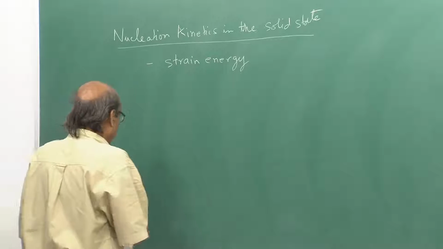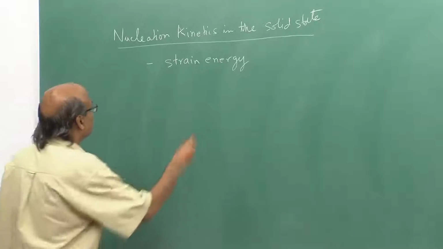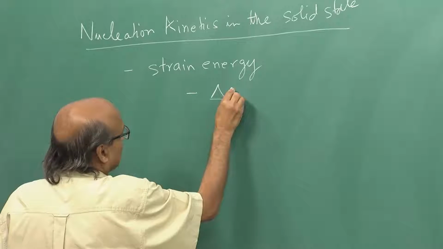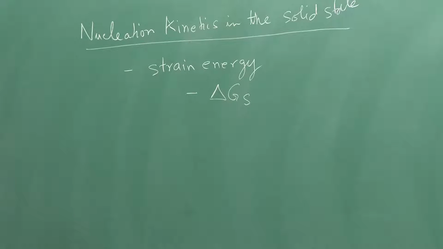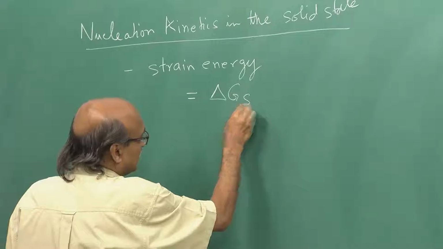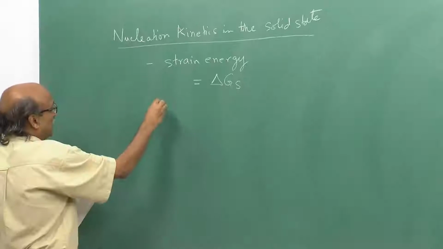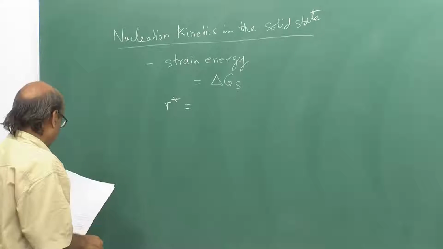This strain energy, as has already been discussed in earlier lectures, would be associated with a positive change in free energy delta Gs, where S is standing for strain. And as a result, what happens to the critical size of the nucleus in this case?